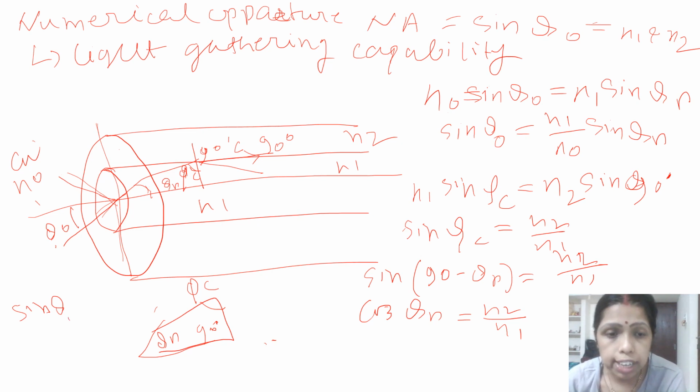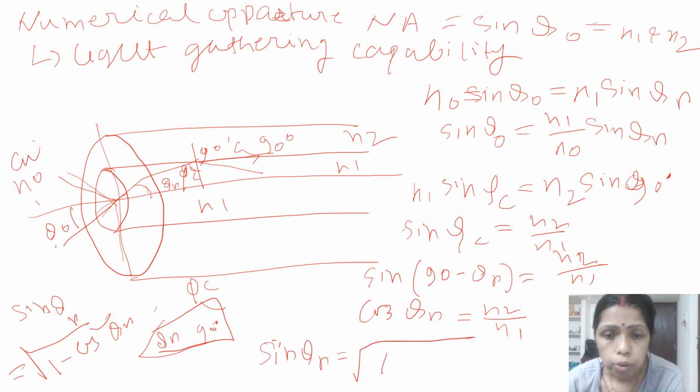So sine theta r will be root under 1 minus cos square theta r. Sine theta r is equal to root under 1 minus n2 square by n1 square, because instead of cos square theta r I am putting n2 square by n1 square. This is the value of sine theta r, and I will put it in this equation.